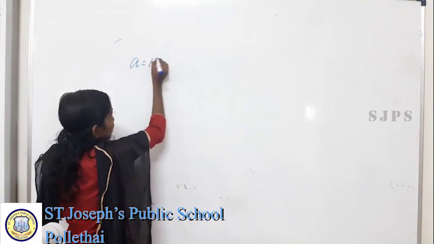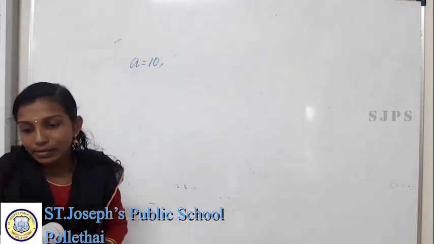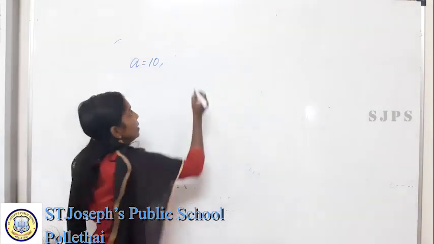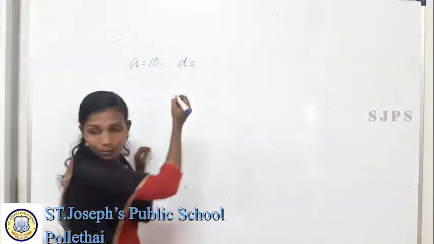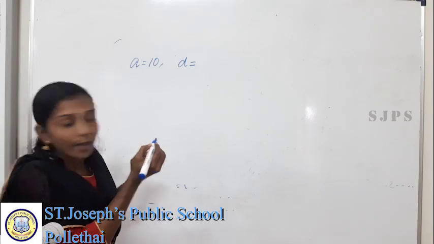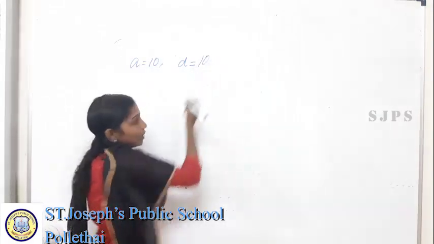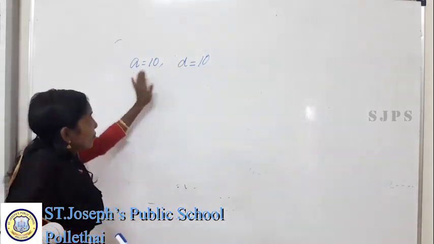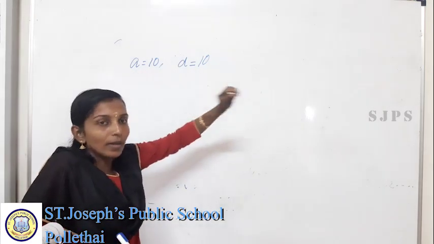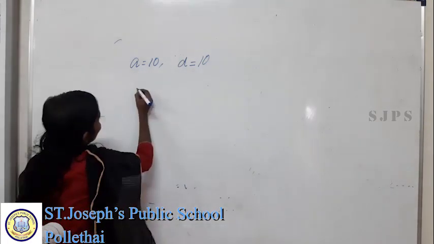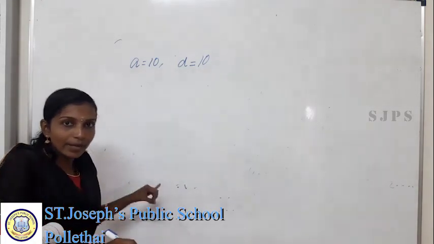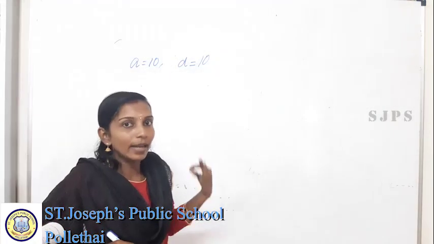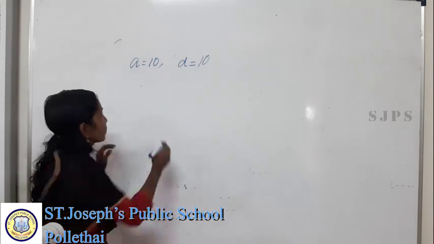A is equal to 10, D is equal to 10. We want to write the first 4 terms of this AP. That's we want to find the A1, A2, A3 and A4.